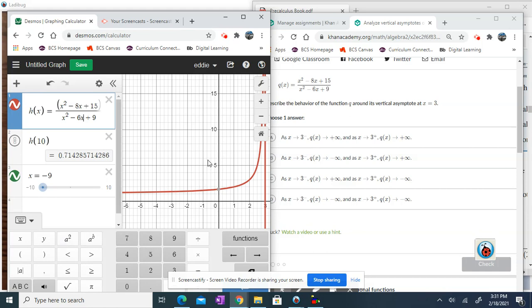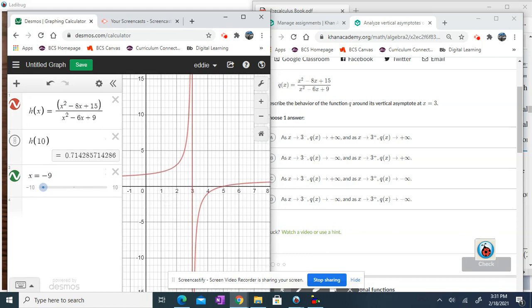All right, so what do we got? Now this is your vertical asymptote right here at 3, as it said. That's not part of the graph. It's in red, but it's not part of the graph. It's just, it colors it in sometimes, right? But it's an invisible wall.